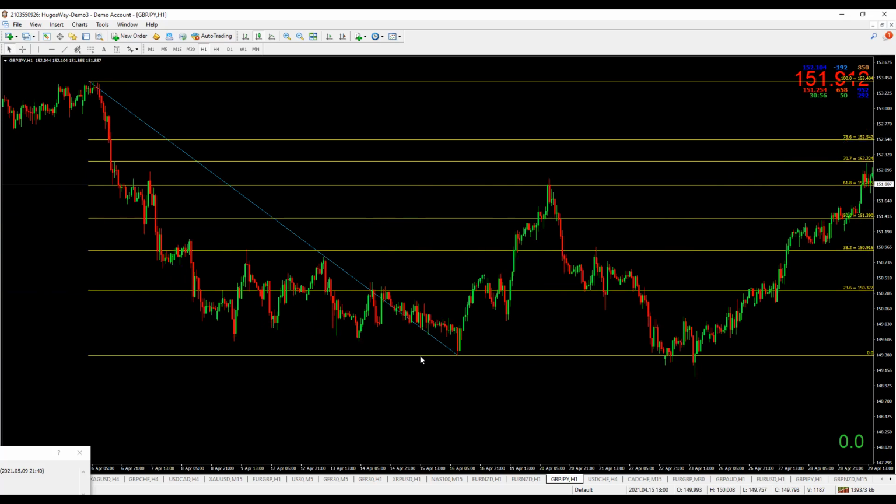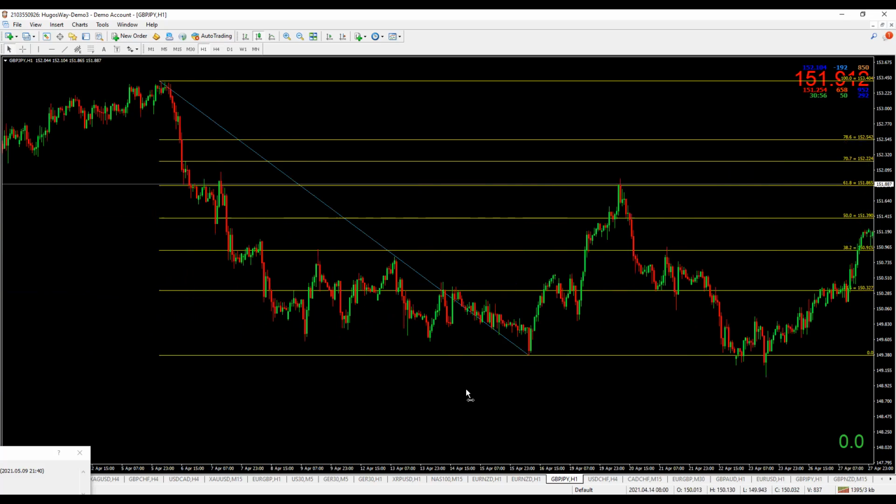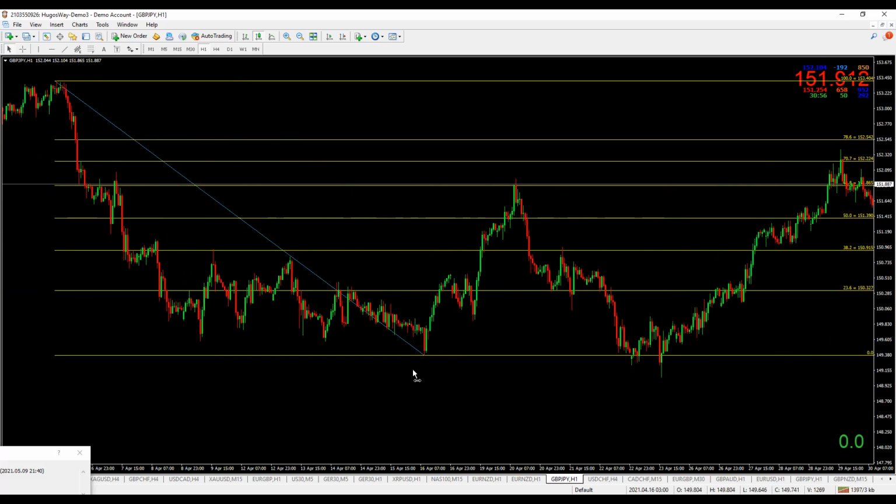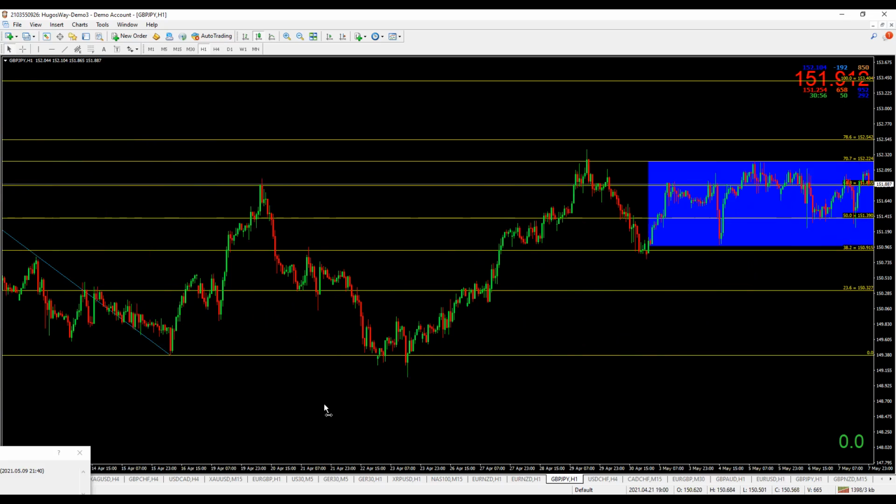We want to know how far it will retrace before it begins to go lower in the same direction, lower than the end point. On this occasion, this was the starting point for the Fibonacci and this was the ending point. You would have expected the price to go lower and keep on going down. But no, it did not.